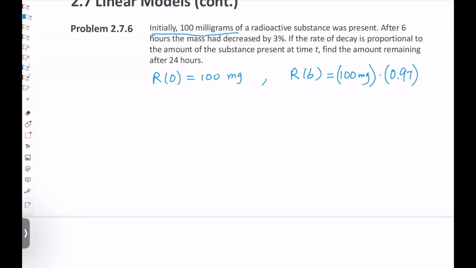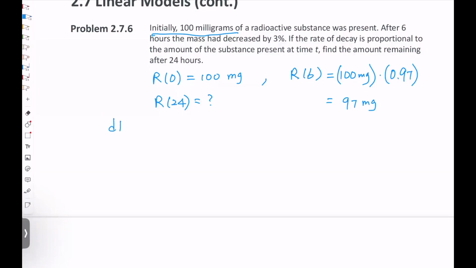Okay, only 97% available. So that is 97 milligrams. That's the second condition. And if the rate of decay is proportional to the amount of substance present at time t, so same rate, then what's going to happen at R of 24? That's the question.